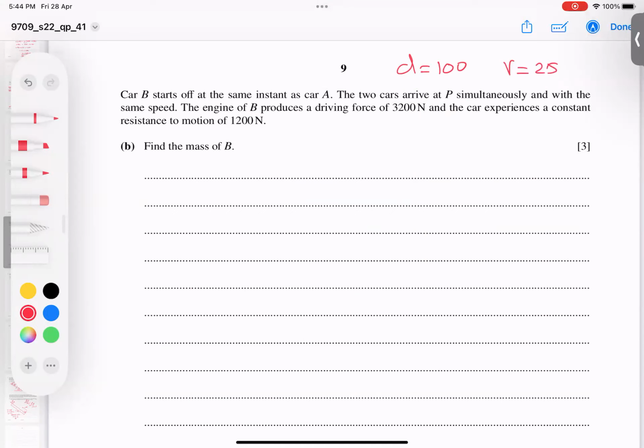He mentioned that the engine produces a driving force, which is given by him, and a constant friction force is given here as 1200, and we need to find the mass. So again, same story: work done by applied force, work done by friction. But wait a minute, the distance is the same.